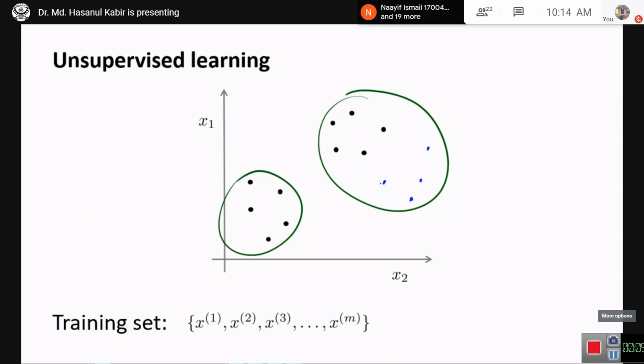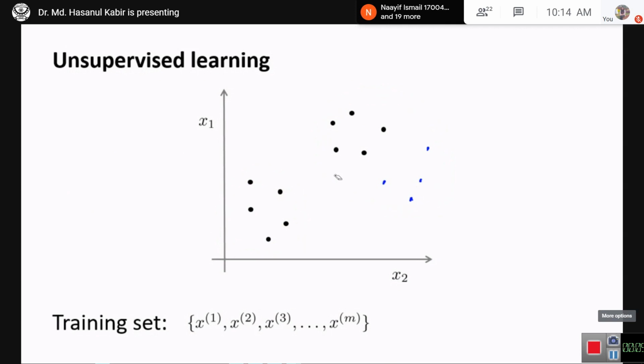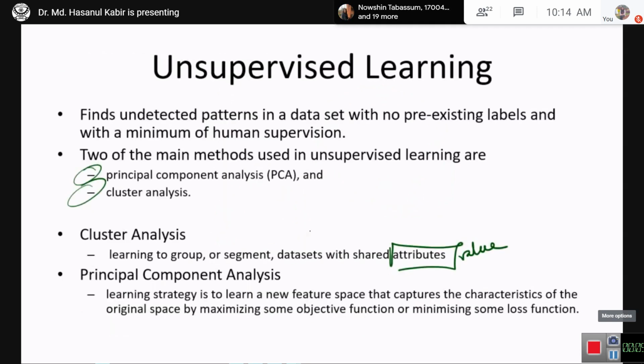Yes, based on physical proximity, right? So this is actually what we have done. That means we have brought out some clustering criteria. In clustering analysis, you will have to have some clustering criteria, based on which we will do this grouping, this segmentation.